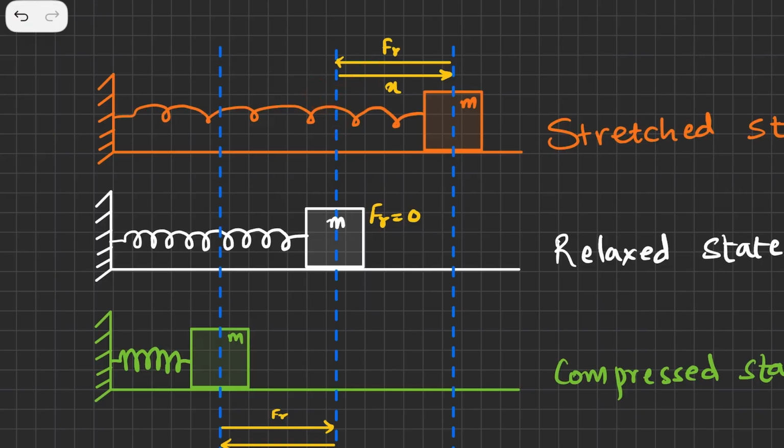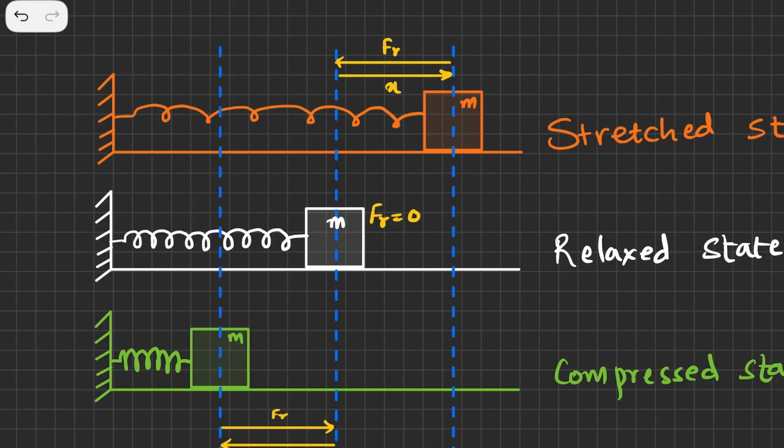When this block is oscillating back and forth, the velocity with which it is coming from here would be maximum at this position, and then it is going to slow down, slow down, and it will reach this point shown in this diagram. Momentarily it is going to stop at this position. If it is stopping, the velocity definitely has to come to 0, which will be the minimum velocity.